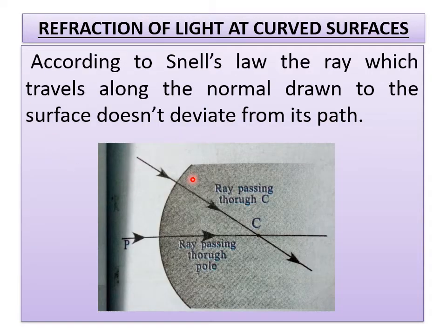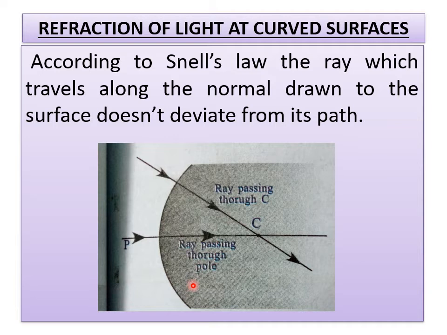So here we have to understand what happens whenever a ray of light passes along the principal axis and through the center of curvature. Here P is the pole and C is the center of curvature. If a ray passes through the principal axis, I told you the principal axis is one of the normals for this curved surface. If a ray is incident normally, that means i is equal to 0.